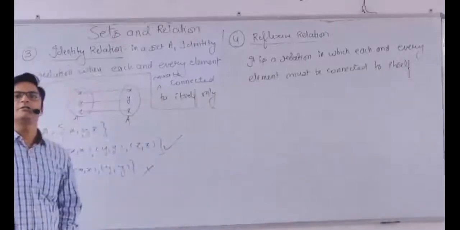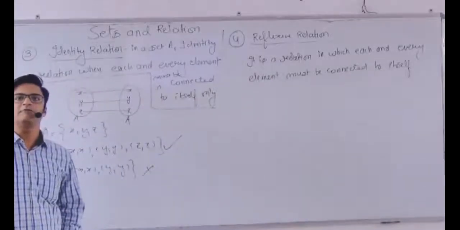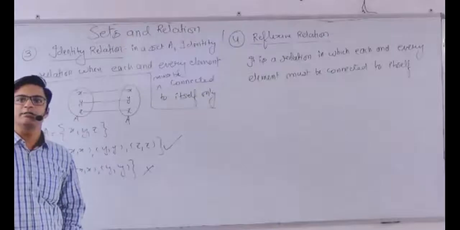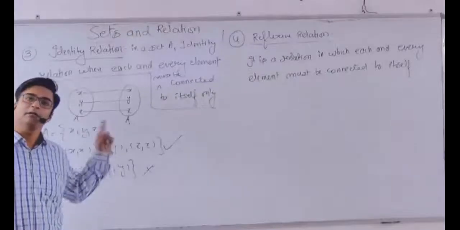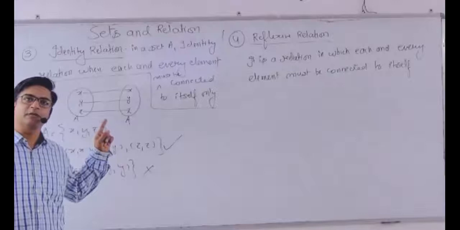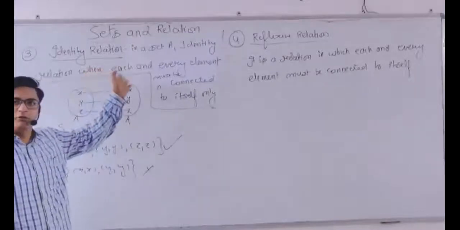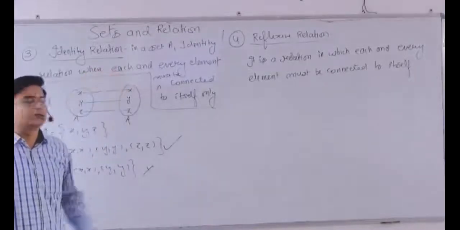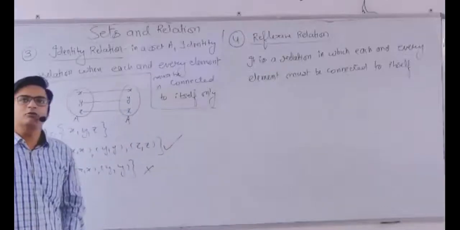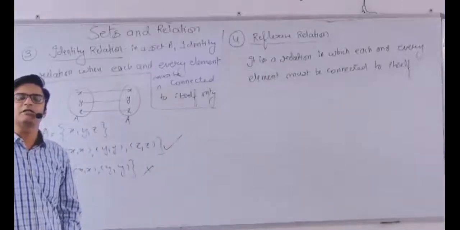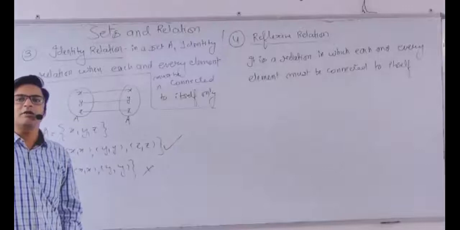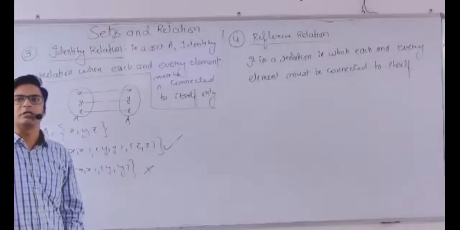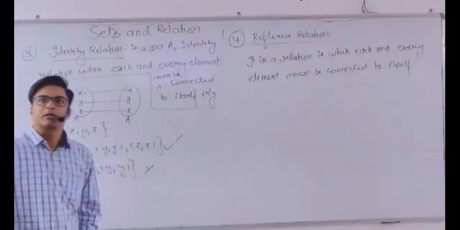Reflexive relation, it is a relation in which each and every element must be connected to itself. Again, same definition as of identity relation, we use the same definition. In our reflexive also we are using the same definition. It is a relation in which each and every element must be connected to itself. Understand now?